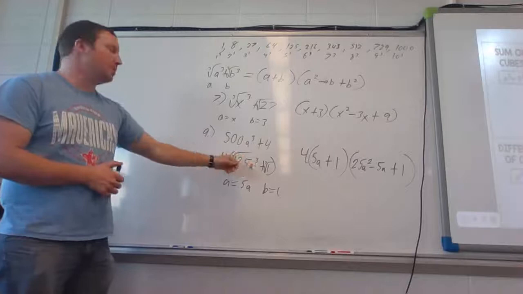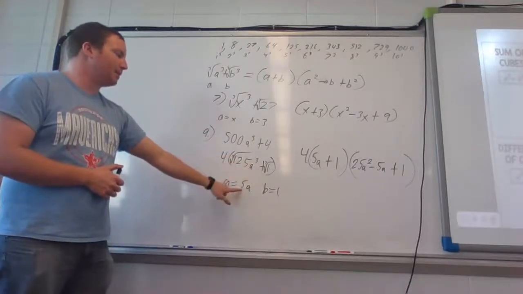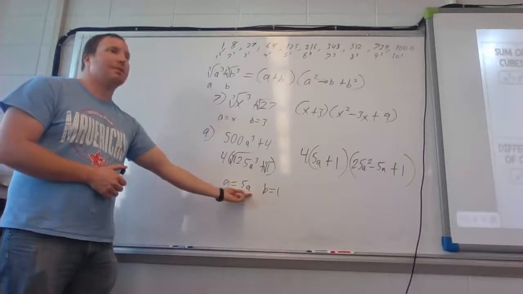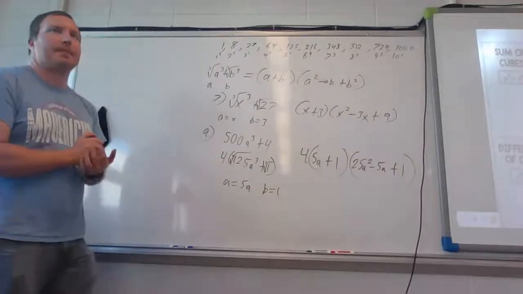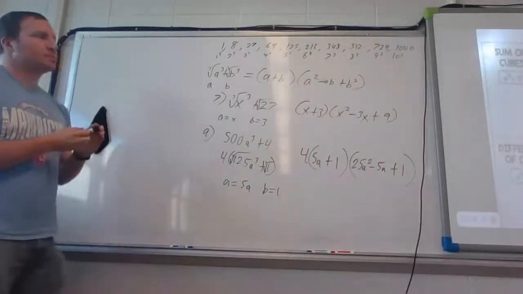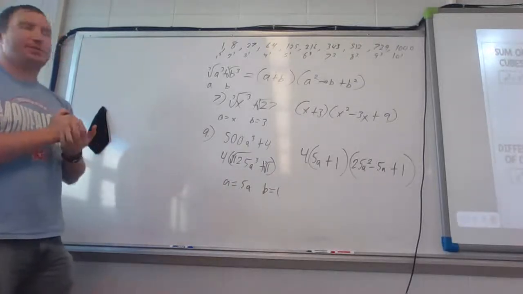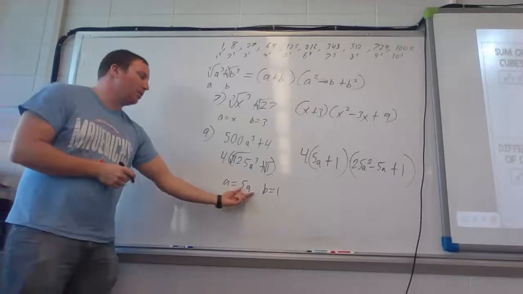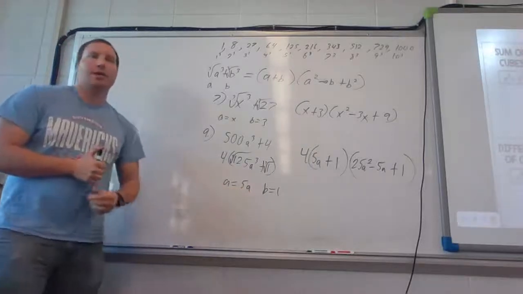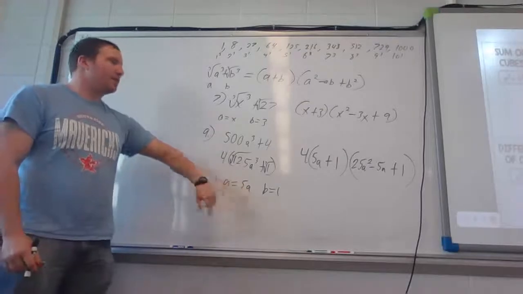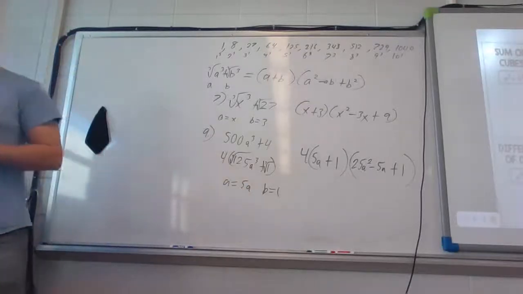We take the cube root of 125, which gives us 5. The cube root of a cubed is a. So that's that 5a. You're squaring that whole value when you plug it in. It's a little confusing because we have a, and that's our variable as well.